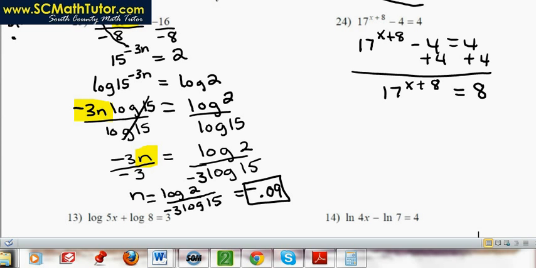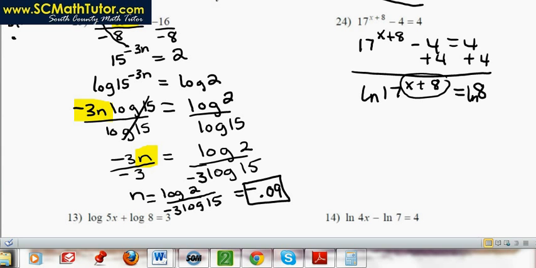It would be very difficult to make this the same base, so the idea is to introduce log or natural log. This time I'm going to use natural log to show you that you can switch up. Take ln on both sides.